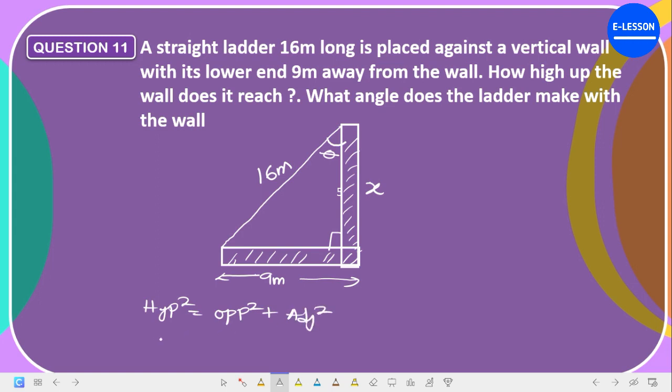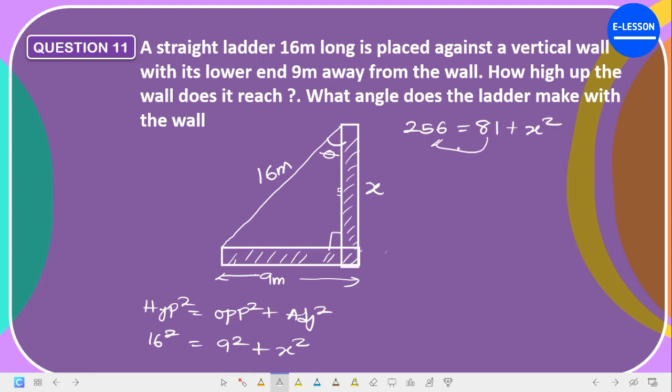What are you looking for? You are looking for the adjacent. Hypotenuse is 16 meters, so we say 16 squared. Opposite is 9 squared plus adjacent is s squared. 16 squared is 256, so this gives us 256 equals 9 squared, which is 81, plus s squared.